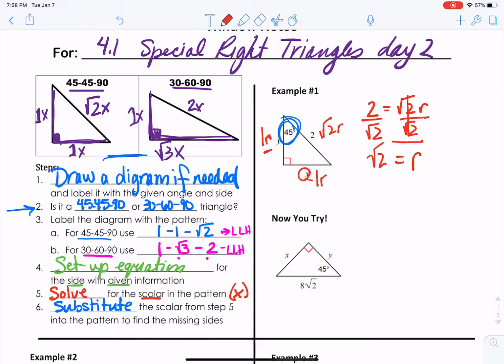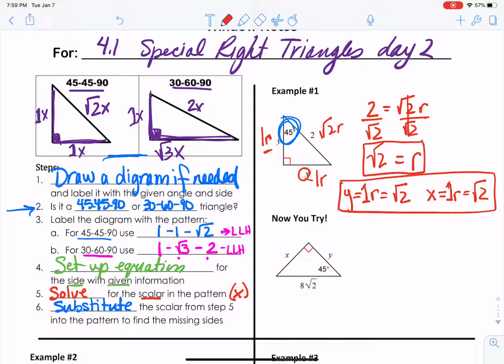That's our final answer for this side. So now, y equals 1r, which is square root of 2, and x equals 1r, which is square root of 2. Put little tails on my 1's and x's. So there are the ratios and the answers that we need for that question.